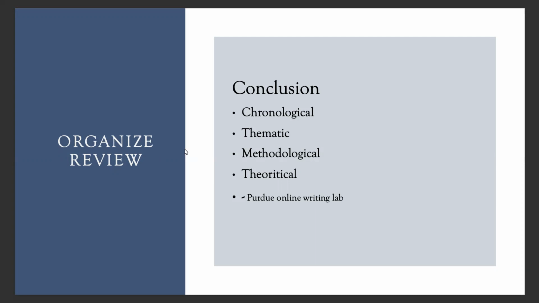You can also have a thematic way of arranging your literature. Sometimes, if your paper is very focused on scientific methods or methods of study, then you would be focusing more on the methods and dividing the literature methodologically.